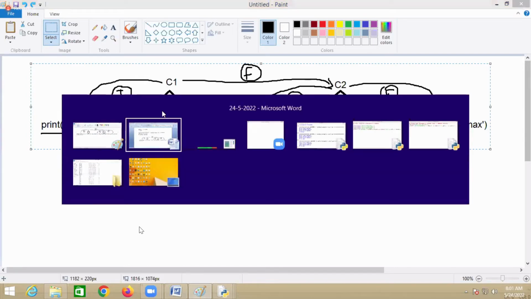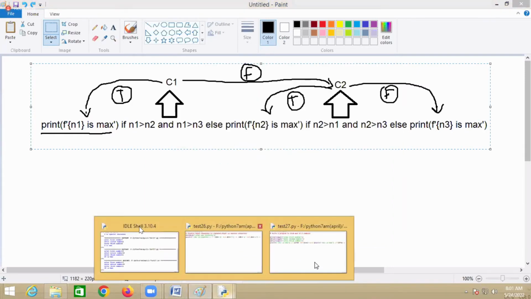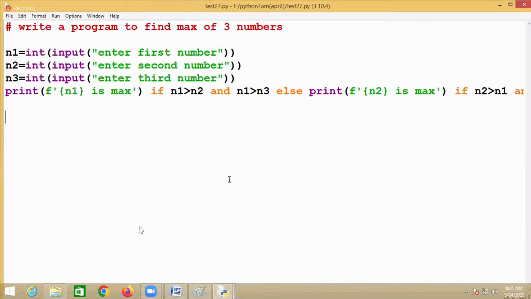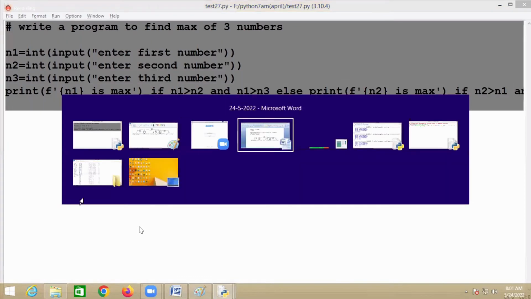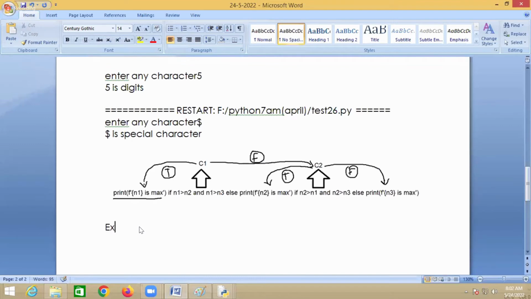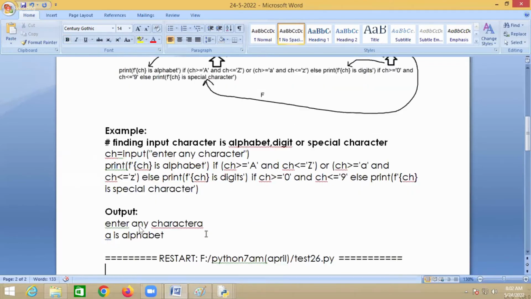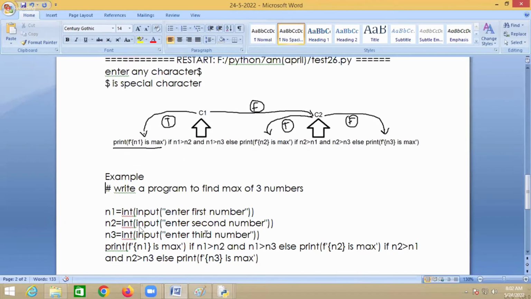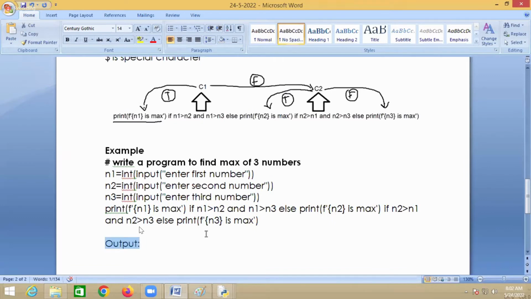When one condition fails, immediately you are trying to check another condition. So this is called a nested conditional operator.